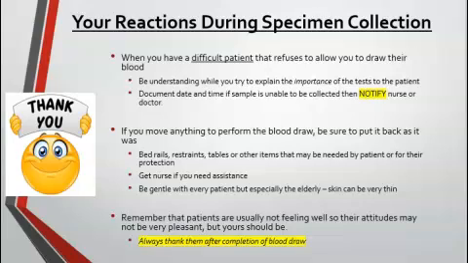Because especially for a bed rail, if you took a bed rail down or moved a bed rail and then forgot to put it back when you finished your blood draw, you don't want to run the risk of the patient falling out of the bed had you not put the bed rail back. For the tray table, you want patients to be able to reach their drinks, their food, or the telephone. So make sure that you push everything back within arm's reach of patients when you leave the room if you've moved it to complete a blood draw.